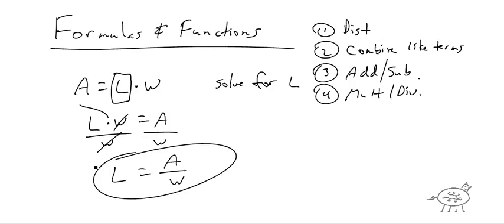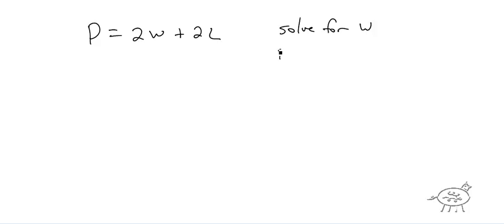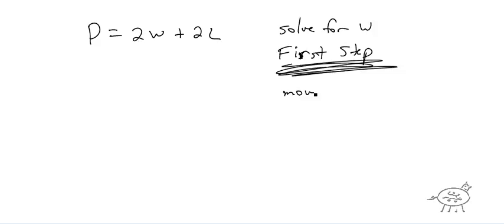All right, let's try another one. The perimeter of a rectangle is twice the width plus twice the length. Let's say I want to solve for W. Remember what I told you to do. First step is to move the variable to be solved to the left side.